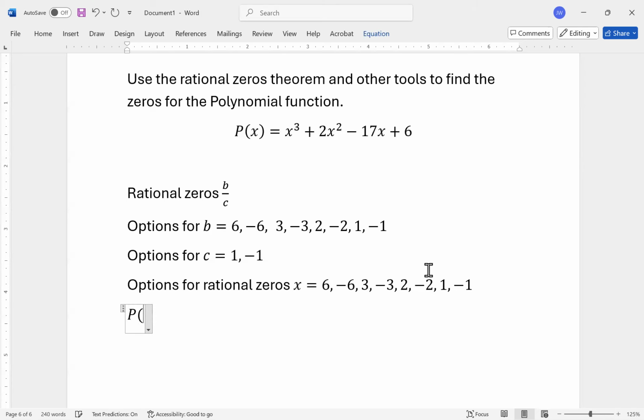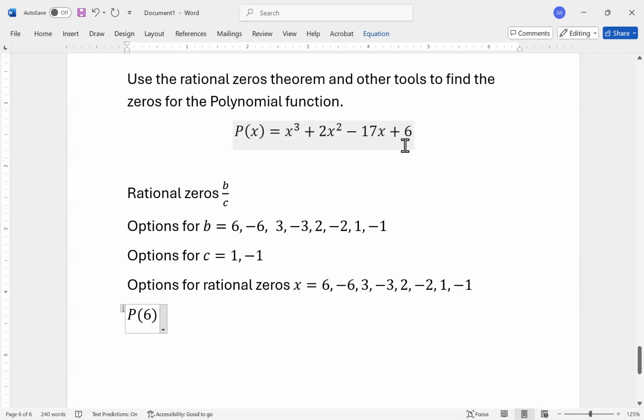This was P of x, so I just plug my values into my function. So when I plug in 6, I would do 6 cubed plus 2 times 6 squared minus 17 times 6 plus 6.